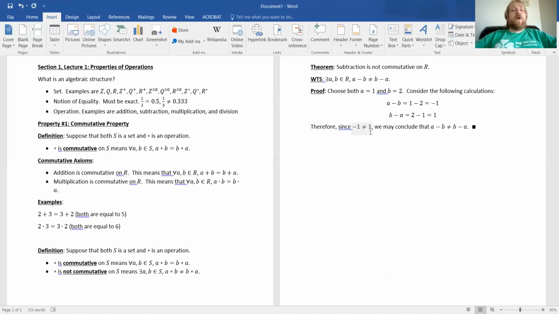Now, here is an important thing to know about proofs with quantifiers. We said earlier we cannot prove an operation is commutative simply by looking at an example. However, we could prove an operation is not commutative just by taking a counterexample. And what we essentially did in this proof was we chose A equals 1 and B equals 2 to be a counterexample.